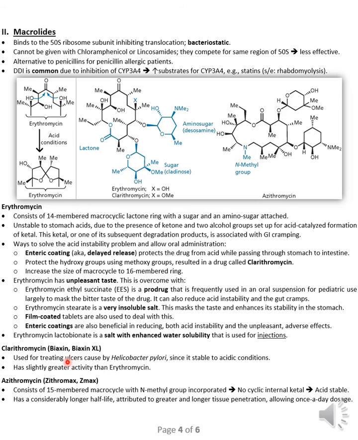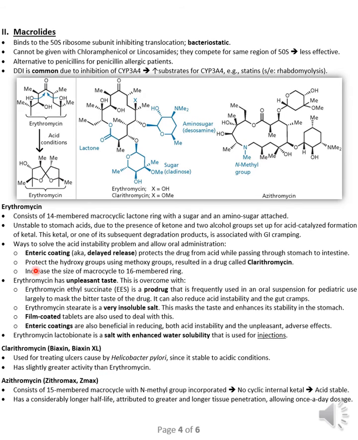That is actually acid stable, and therefore it could be used for treating ulcer cases caused by Helicobacter pylori, and clarithromycin also has greater activity than erythromycin for that reason. Because of the modification in the structure here, it ended up having better activity.